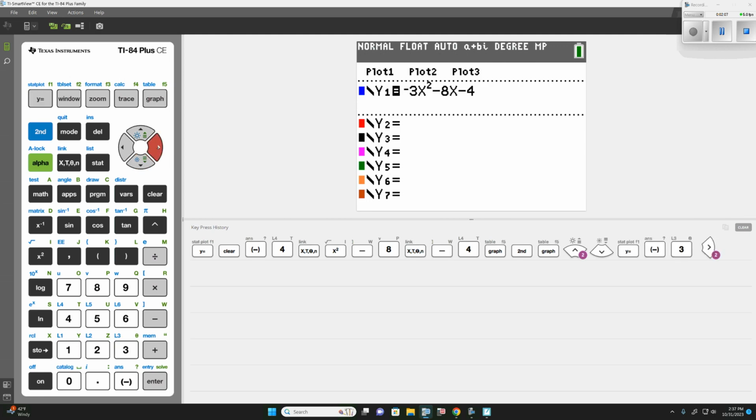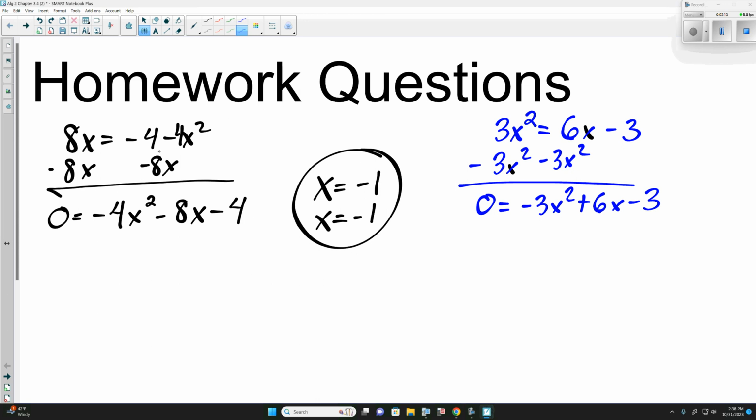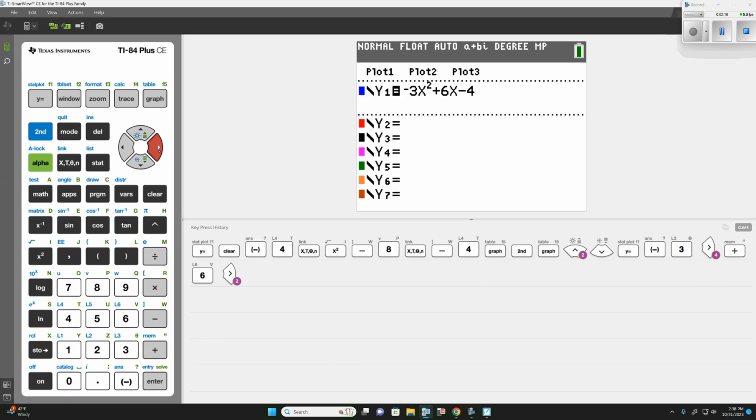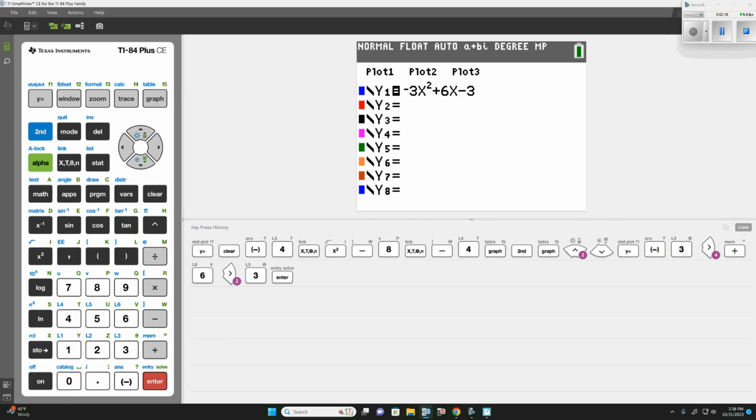Negative 3x squared plus 6x minus 3. Well, the number that goes first is going to have to be negative. The calculator really will not like it if you do minus 3x squared.